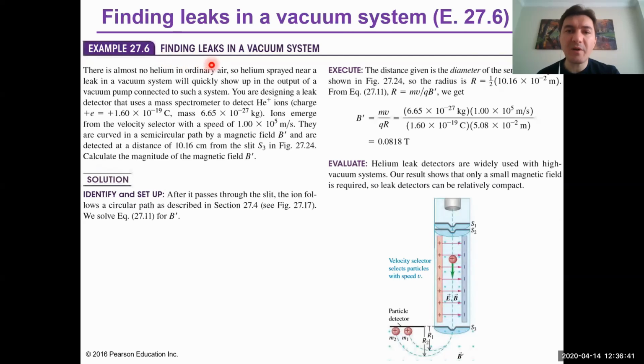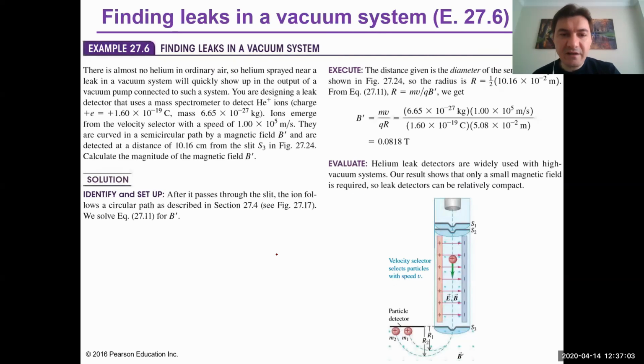A very important application talks about finding leaks in a vacuum system. Maybe the topic looks very far from you, but the mechanism is very simple. Let me draw here.